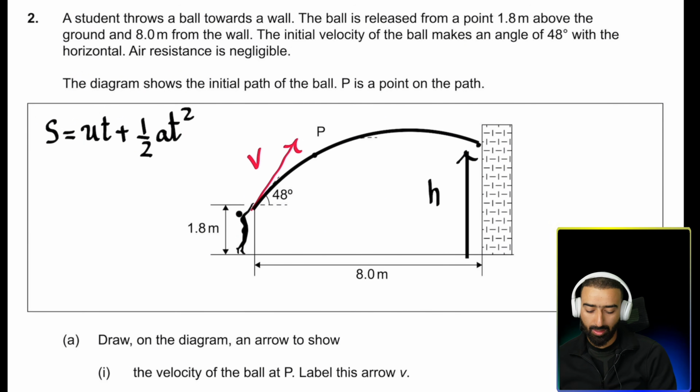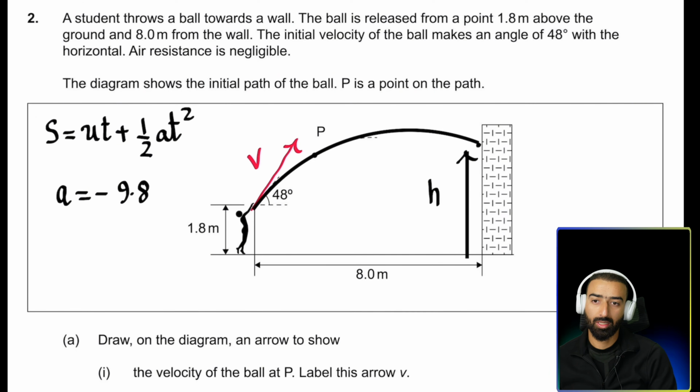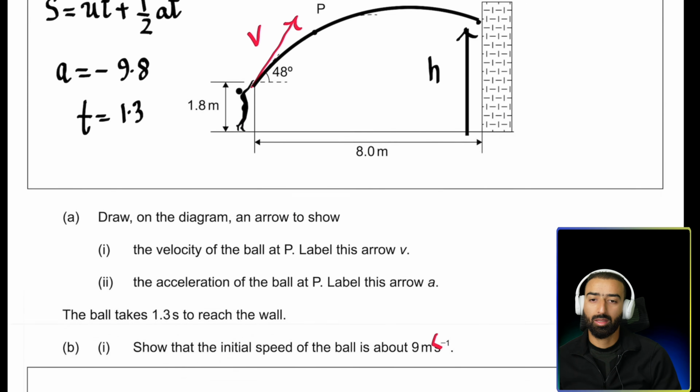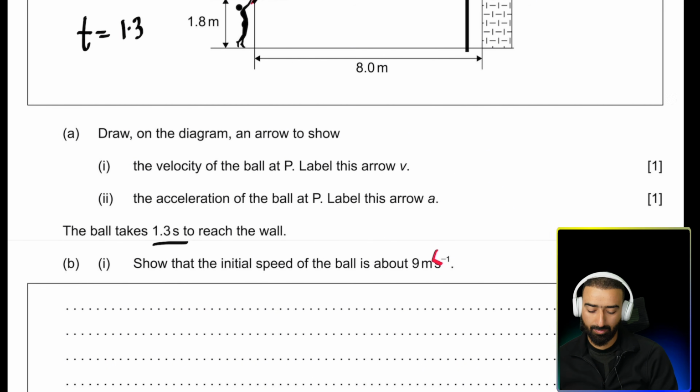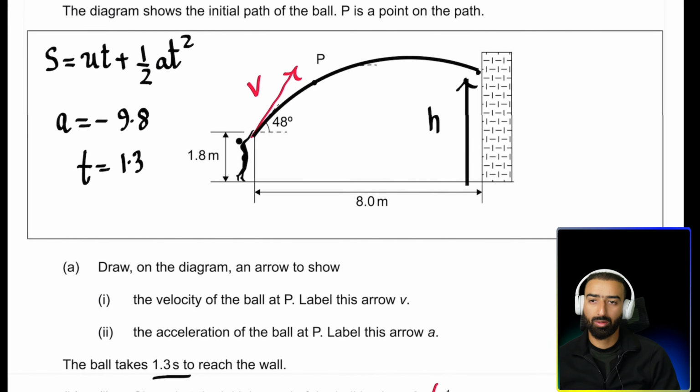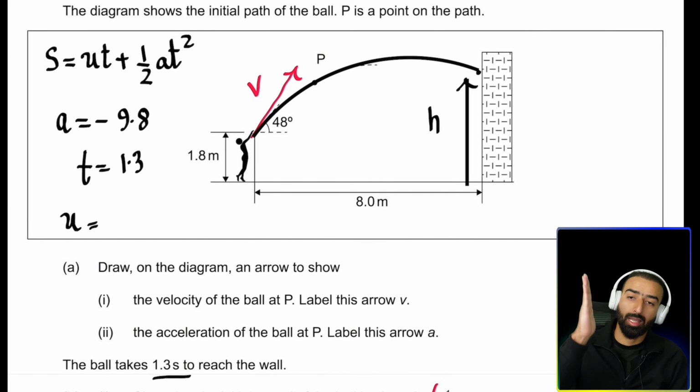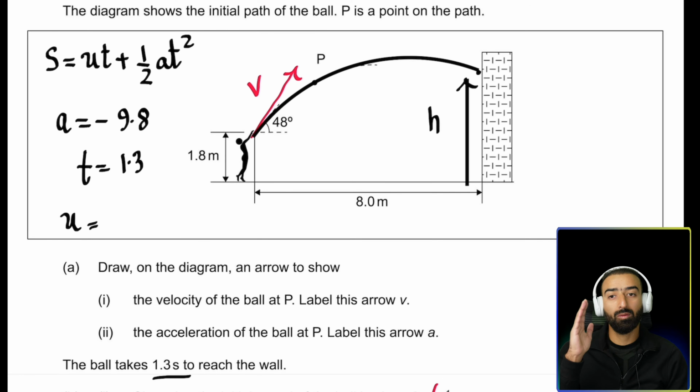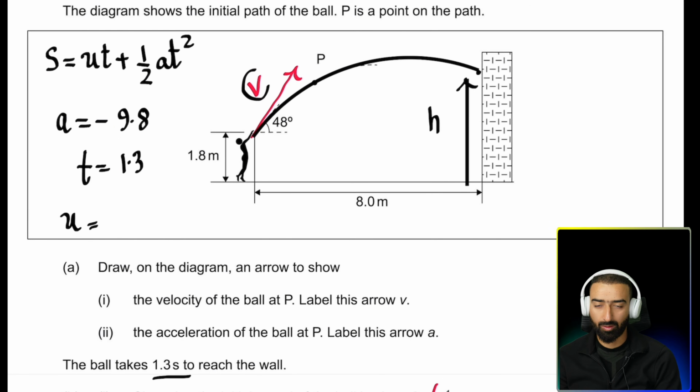So we know acceleration is minus 9.8 meters per second square. Time we know it's 1.3. That was given to us here. So we know the time, we know the acceleration, but what about u? Here we have to be careful. Since we are focusing on the vertical axis, we want to take the vertical component of the velocity.